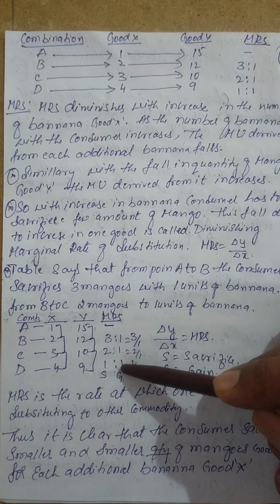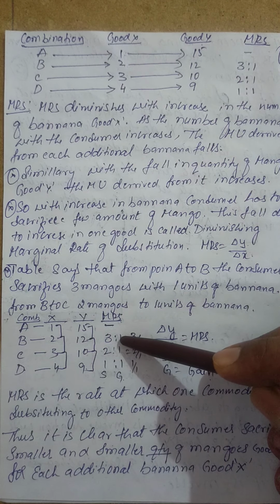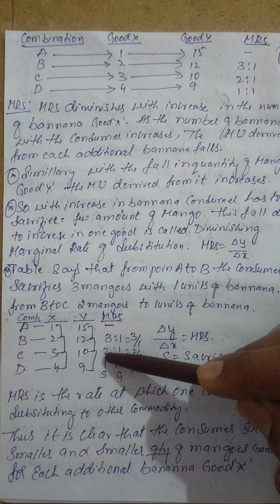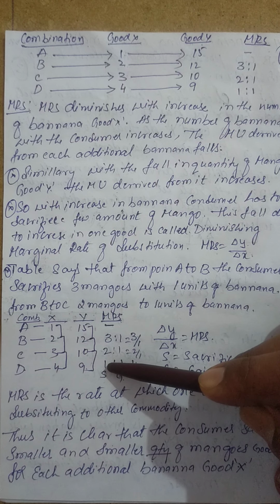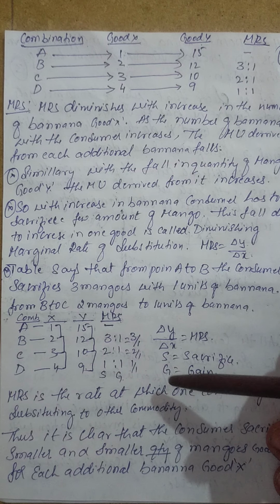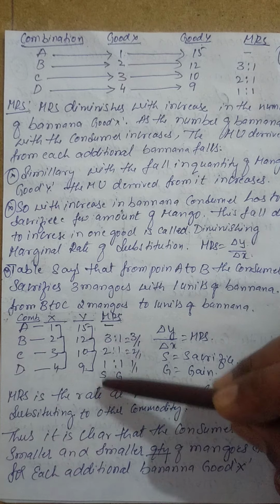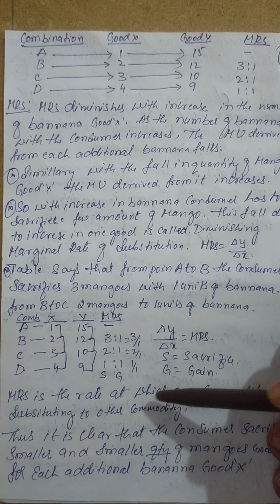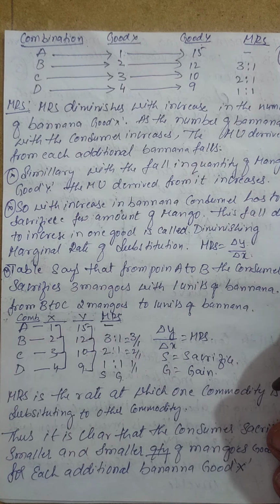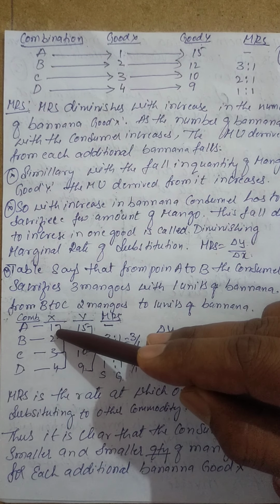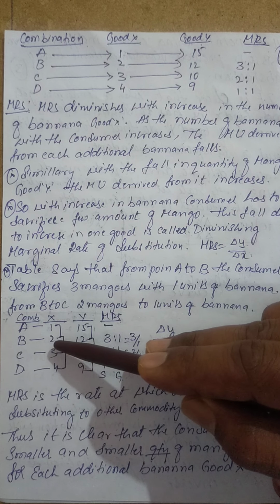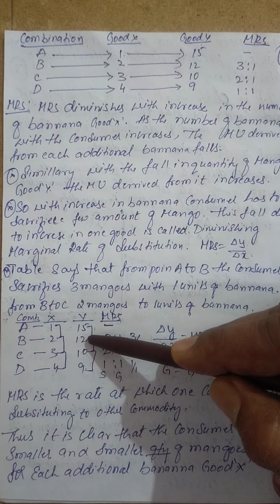So every time there is an increase of 1 unit, for every 1 unit of product purchased, so much amount of the other good is sacrificed. What is that amount? From 3 units to 2 units, 2 units to 1 unit. A certain amount of goods is sacrificed, and this is gain and sacrificing. So MRS is the rate at which one commodity is substituting for the other, isn't it? For this commodity to be consumed, this one is sacrificed.